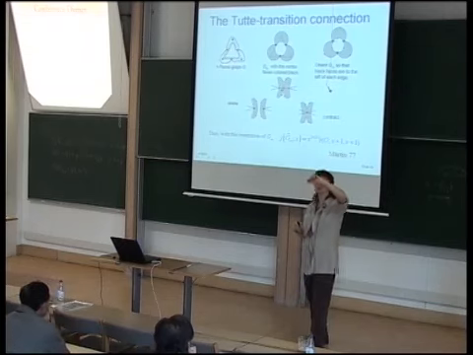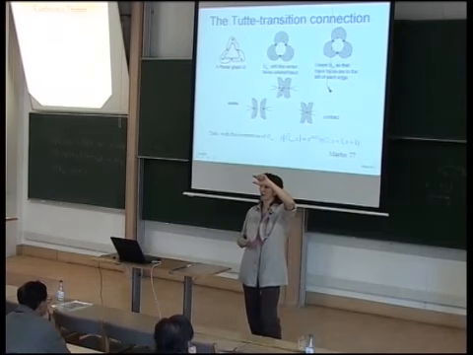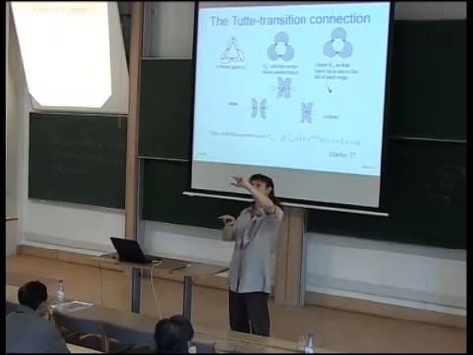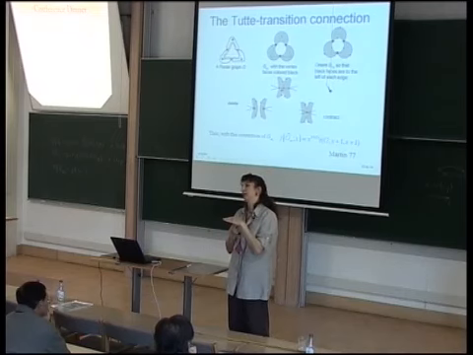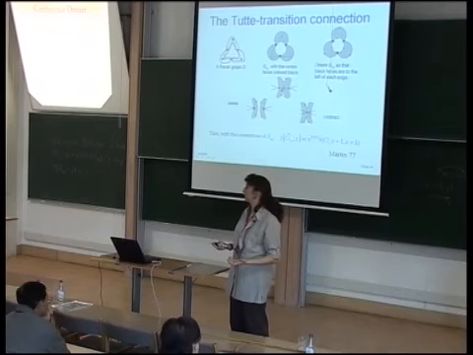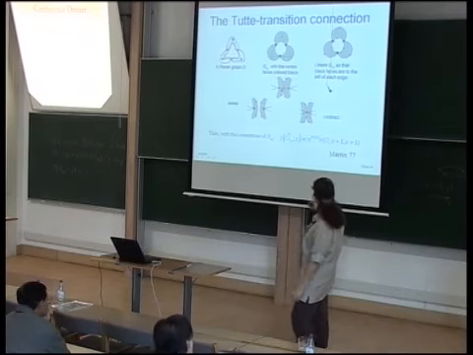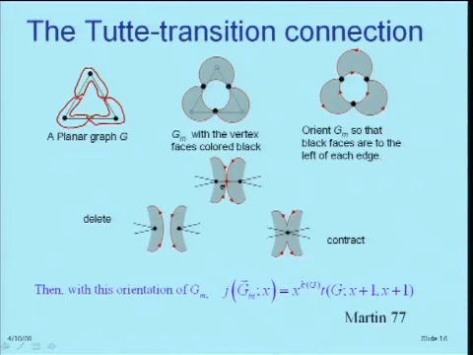So the deletion-contraction and the vertex splitting reduction relations for the Tutte polynomial and the oriented Martin polynomial exactly line up, and the induction immediately gives you the relationship. And with this orientation, the circuit partition polynomial is a little decoration times the Tutte polynomial.